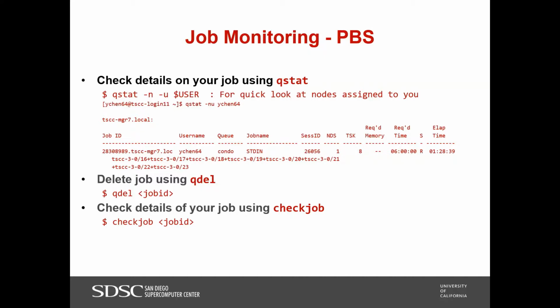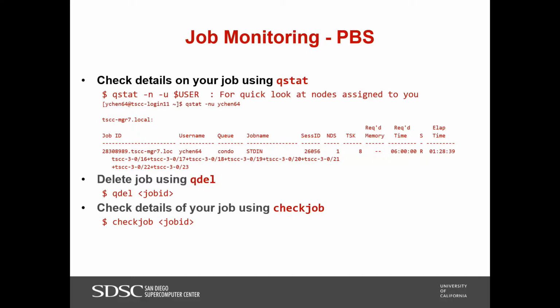If I add another option like -n, that option will help you identify which compute nodes have been assigned to your job. In this example, I can find my job ID, my username, and which queue I have been running in. If you see the job name as STDIN, all capital letters, that usually means you're running an interactive job, because when you start an interactive job, usually you don't specify your job name.